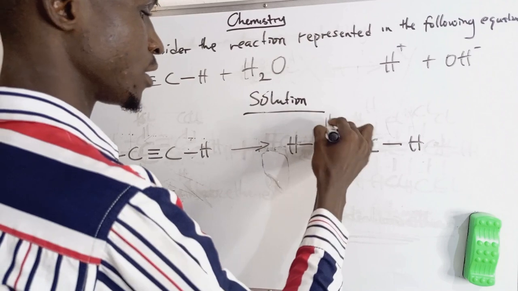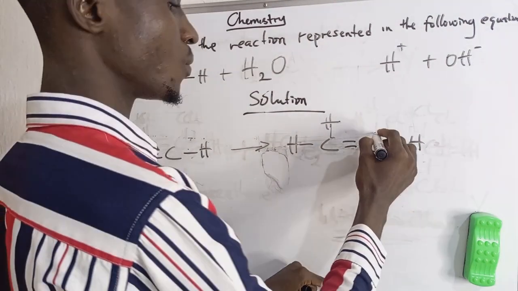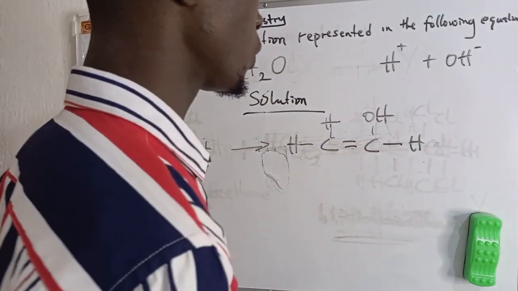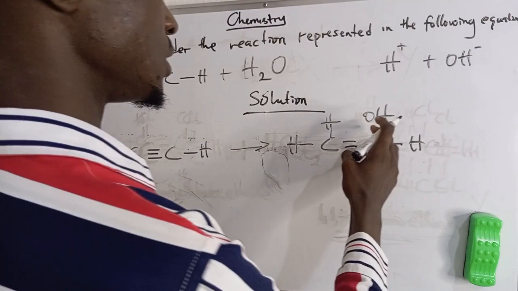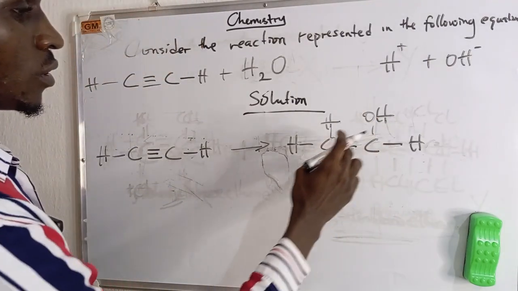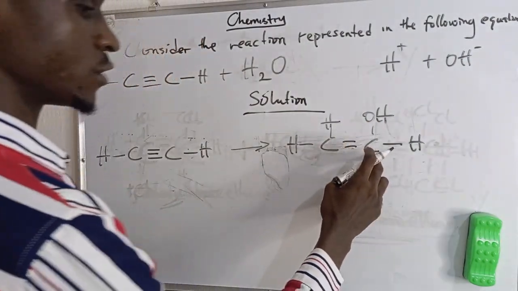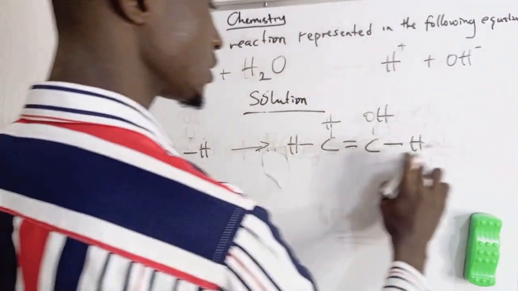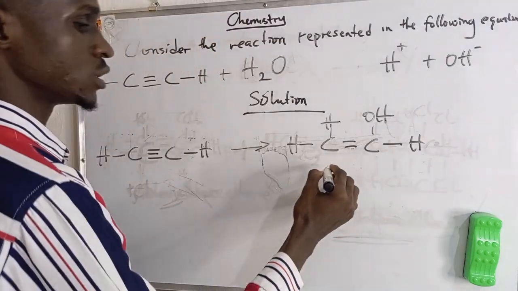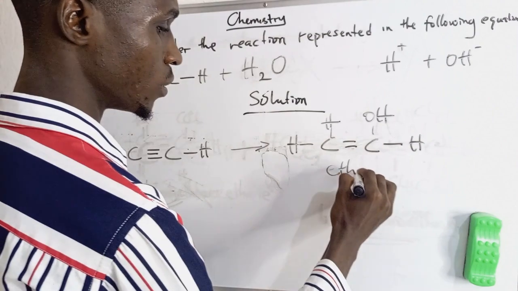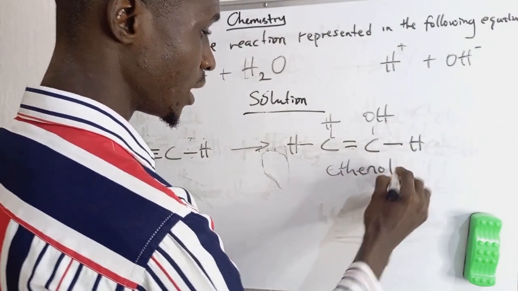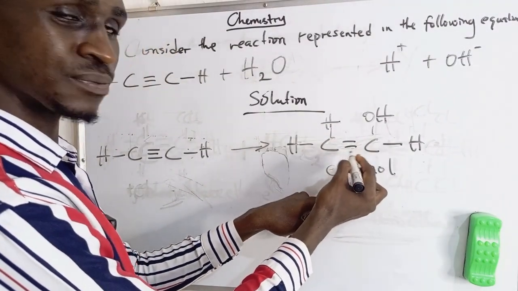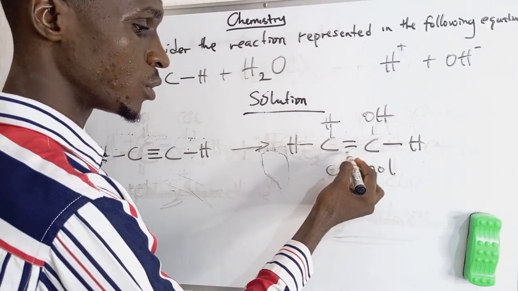We have H, and then we'll have OH. Now, when you are counting this, you see that you have 1 2 3 4 for this, 1 2 3 4 for this, making it complete. Now this particular compound is called the ethenol, giving respect to the fact that there is a double bond here.